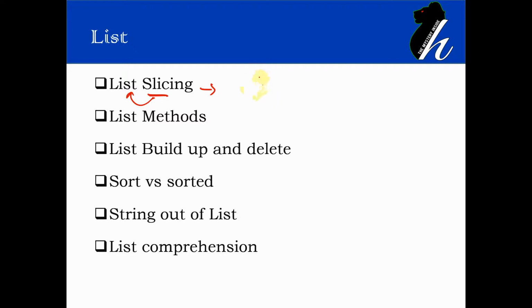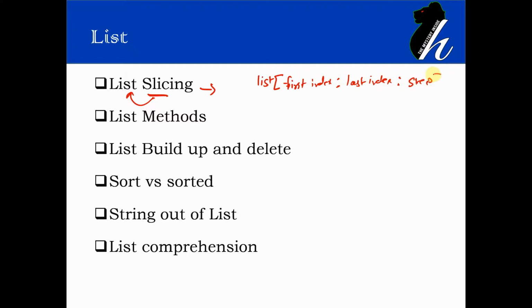So basically the syntax for list slicing is list, first index, colon, last index, colon, step.